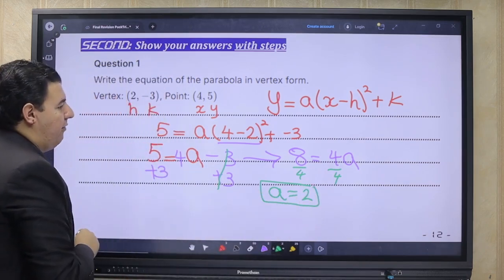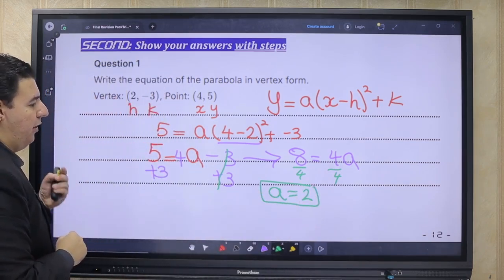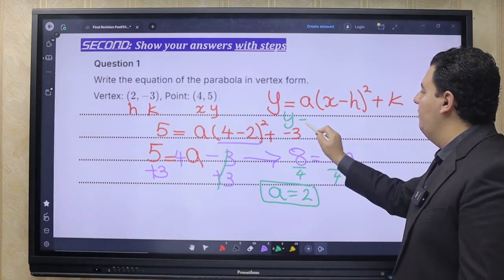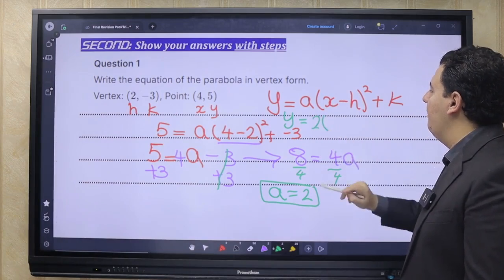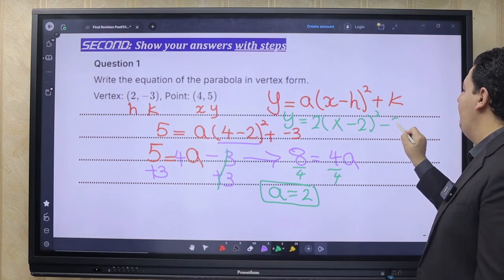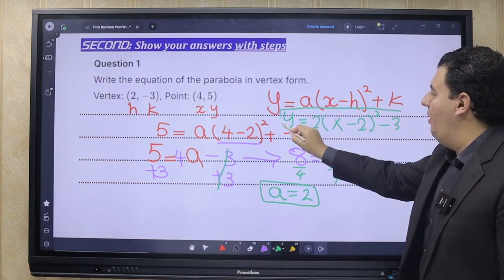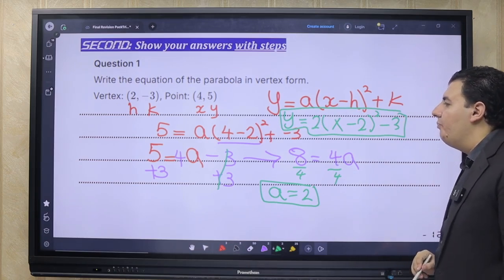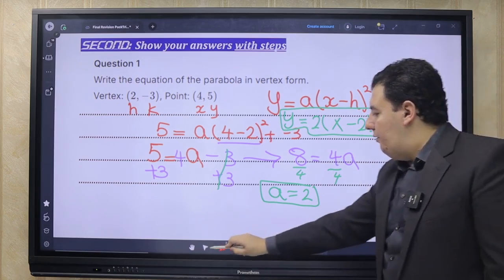So when we find the value of a, I want to write the equation in the vertex form. y equal 2 bracket x minus 2 squared -3. This is the equation of the parabola in the vertex form. Okay.